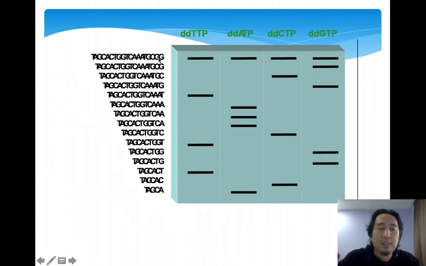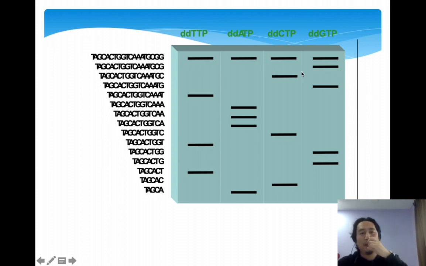So once you have the complete set, you can read it. TAGC is the primer. So the first one is A, the second one is C, the third one is T, G, T, C, A, T, G, C, G, and that is the complete sequence.